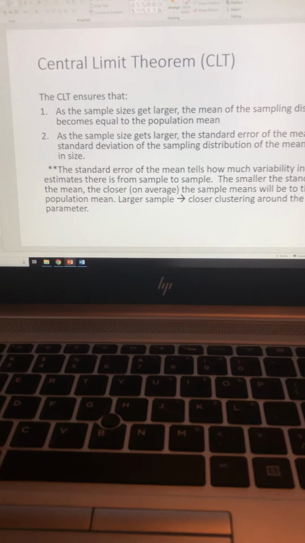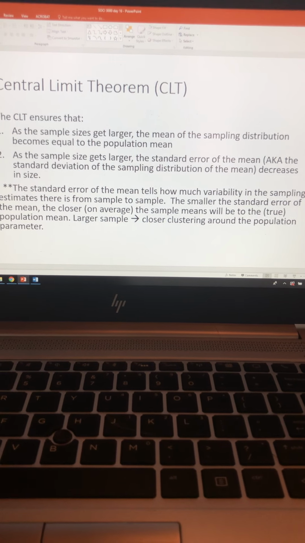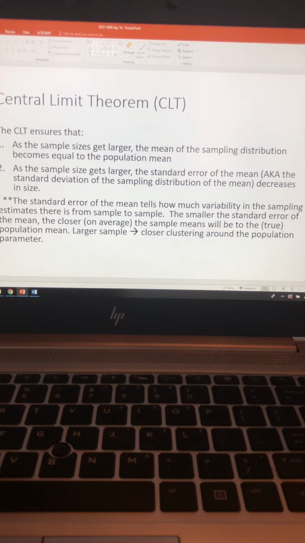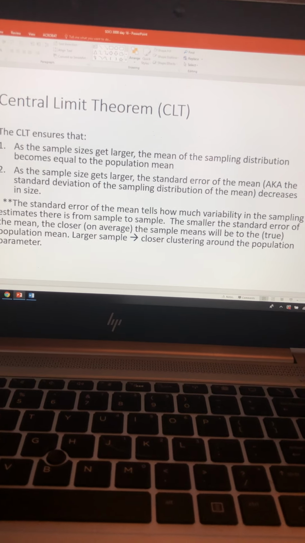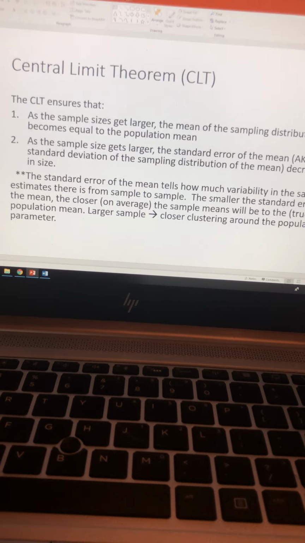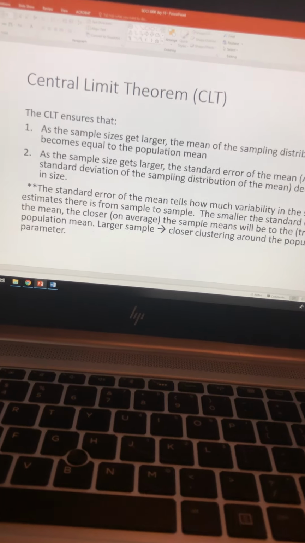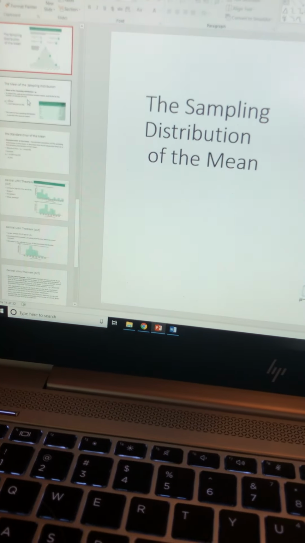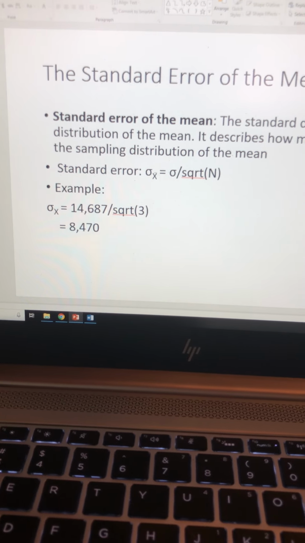So to sum up again, the standard error of the mean tells us how much variability in the sampling estimates there is from sample to sample. Back to our hypothetical example of the desert island, the income stuff, it tells us how much variability we can expect if we took a different sample of size 3. The standard error that we calculated already was 8,470.